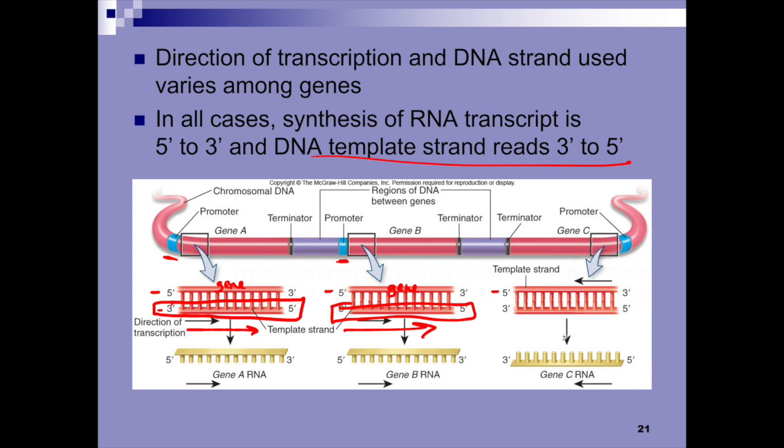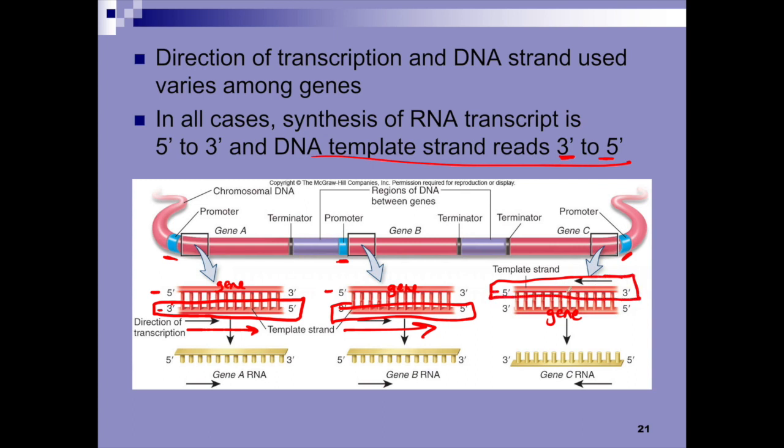Now, if we move over to our third gene here, gene C, here our promoter sequence is on the right. And the reason for this is that our gene is actually now on the 3' to 5' strand, so we have to transcribe 5' to 3'. But because we can only read the DNA molecule from 3' to 5', instead of moving left to right, it's now moving right to left.